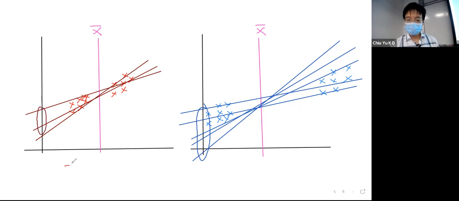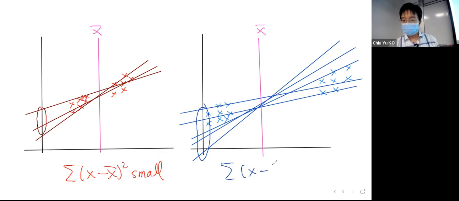This one, this minus this is small, and this one, this minus this is big, right? Because this is the square distance from the mean. Is that clear why these four factors are affecting the intercept?